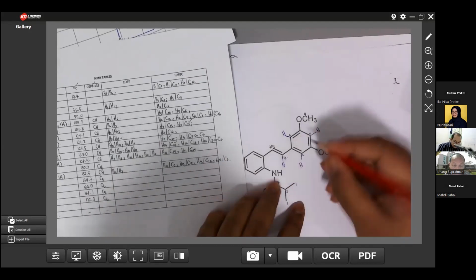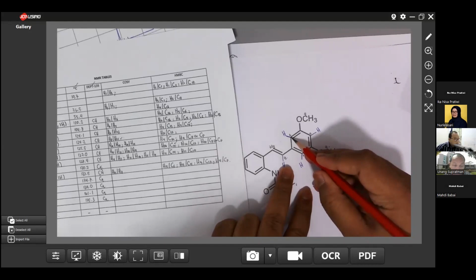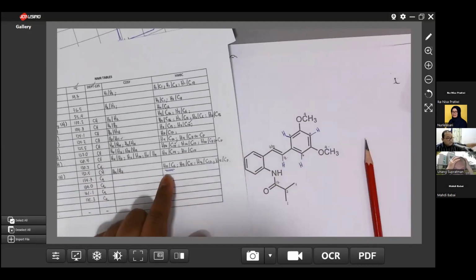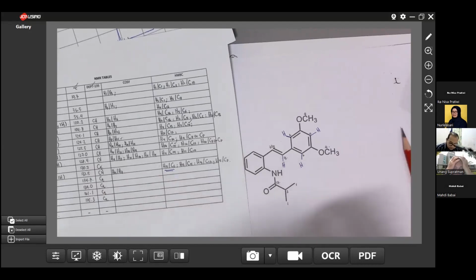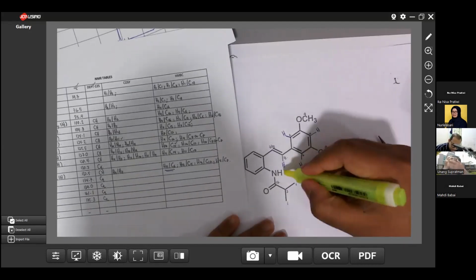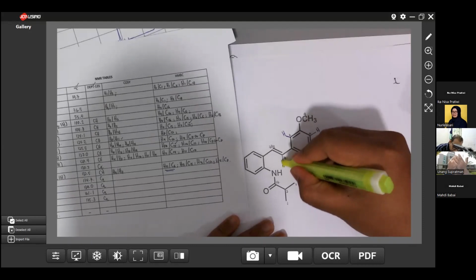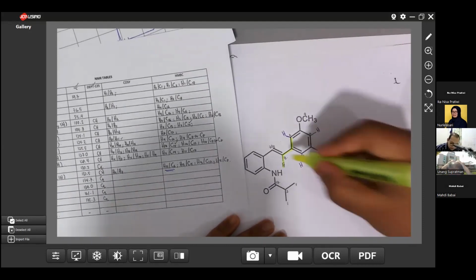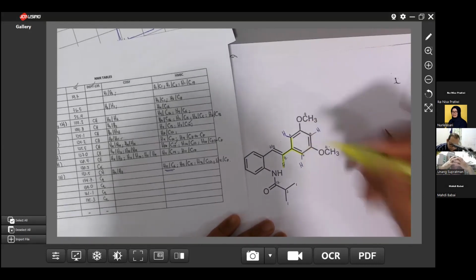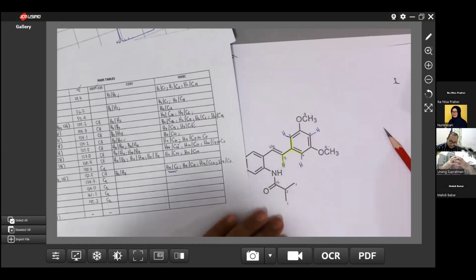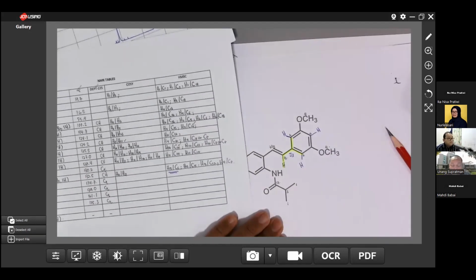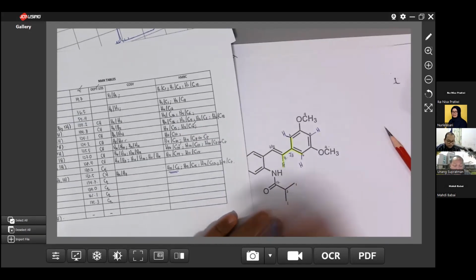This is a J3 correlation. Why do we call it a J3 correlation? Because 1, 2, 3. This is the J3 correlation. We have done this one.